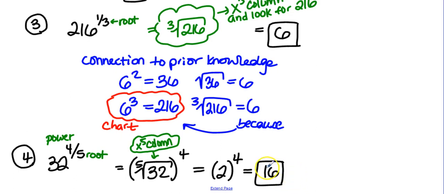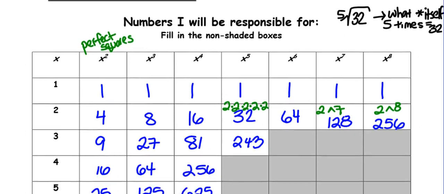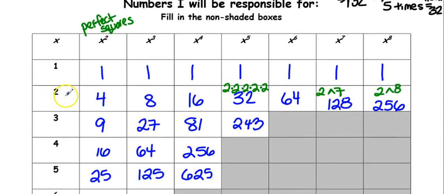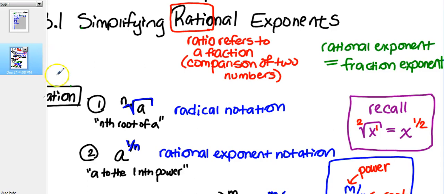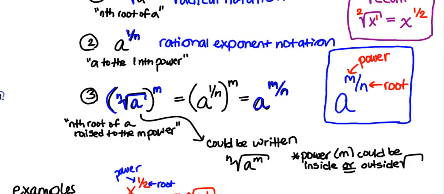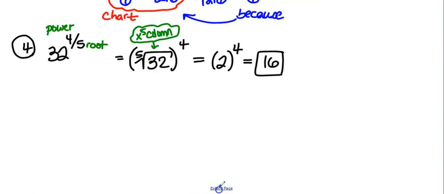If I go back to the chart, 2 to the fourth is 16. I started with the base, 2. I'm not looking for 2 squared or 2 to the third. I'm looking for 2 to the fourth, which is 16. So number 4 is all done.